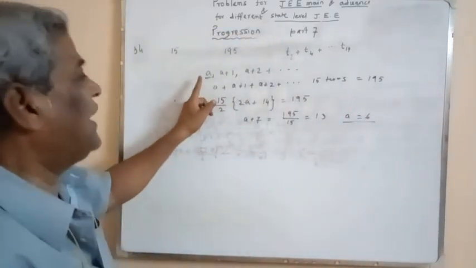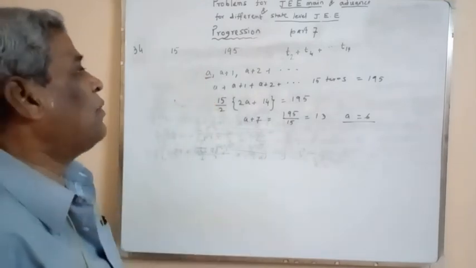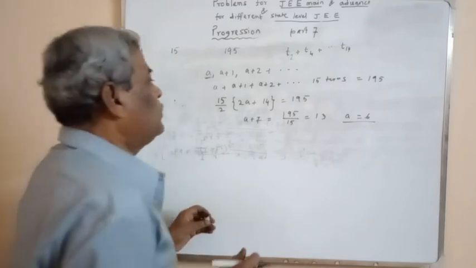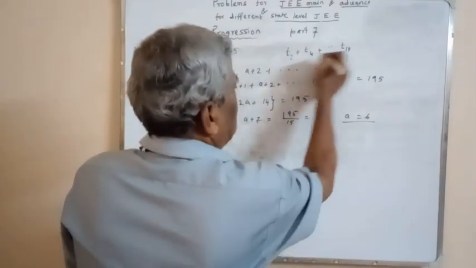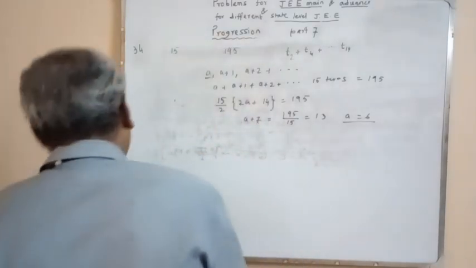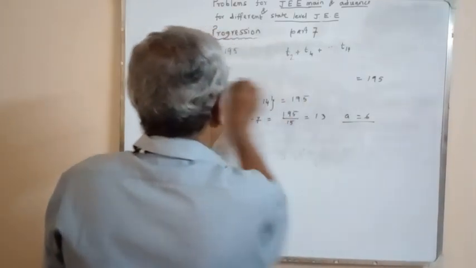So the series starts from 6. 6, 7, this way, the sum of 15 terms is 195. So we have to find this, that is what we have to find.